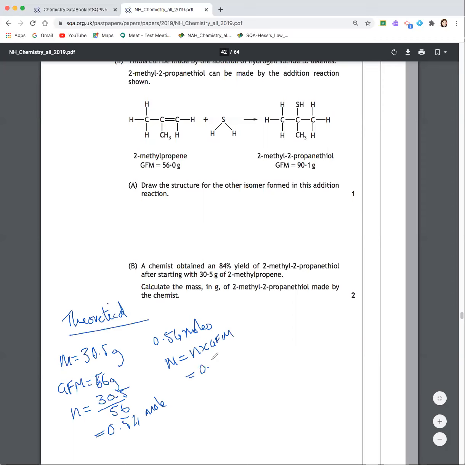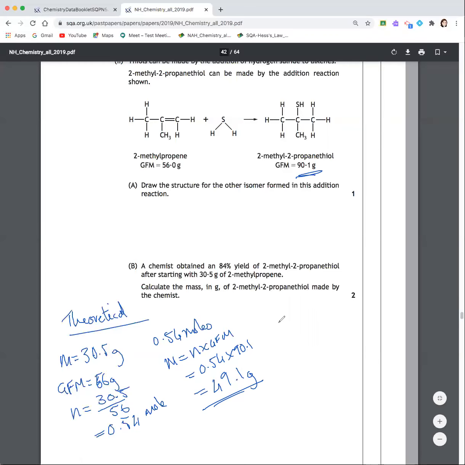So that would be 0.54 times 90.1. That's the gram formula mass of the product. So then we would get 49.1 grams. Your number might be slightly different depending on what you typed into your calculator. So that's the theoretical yield.